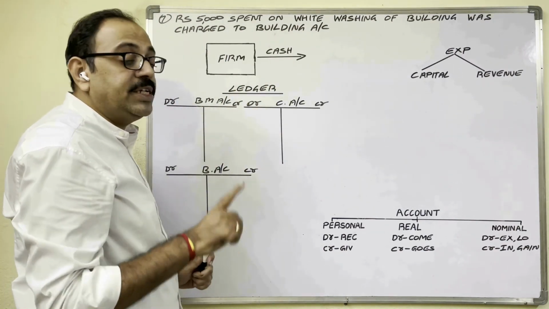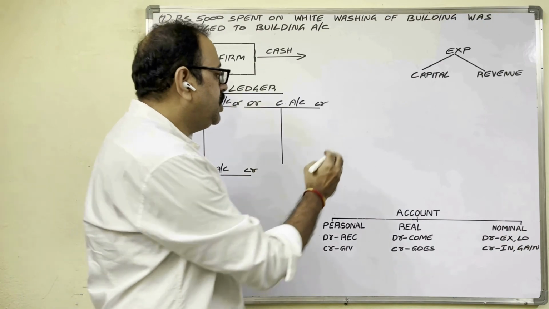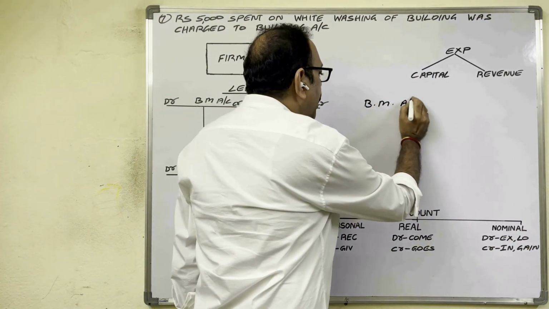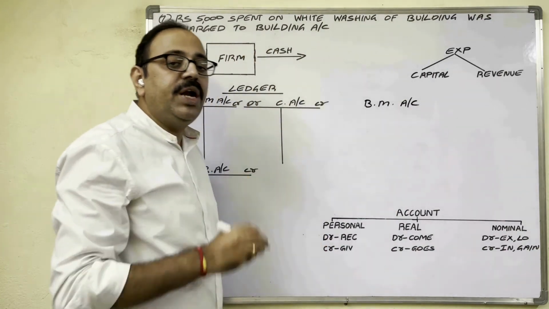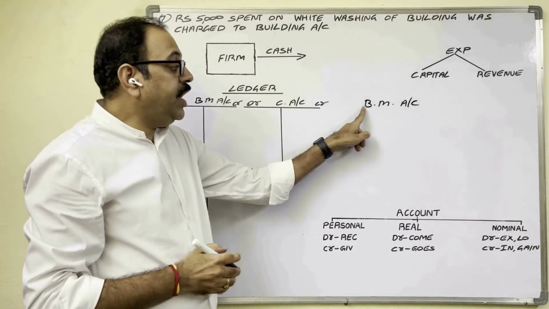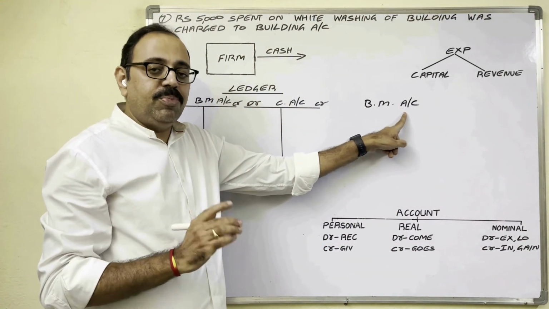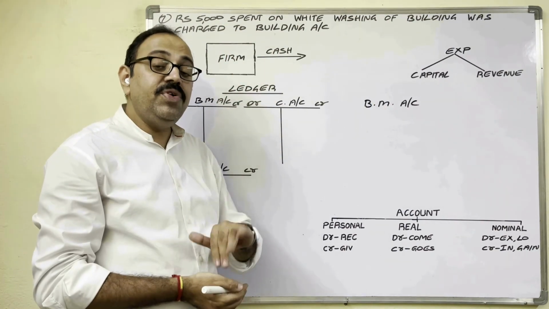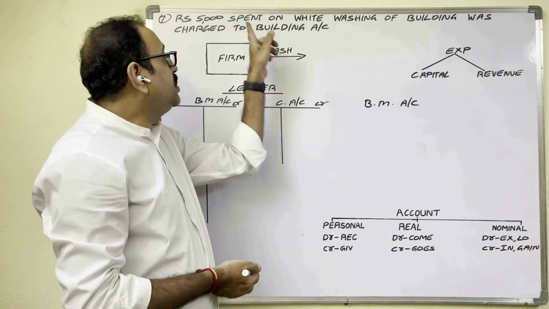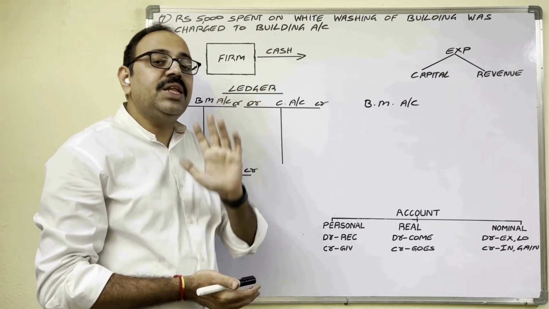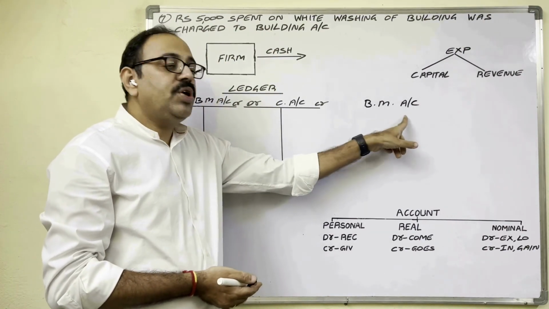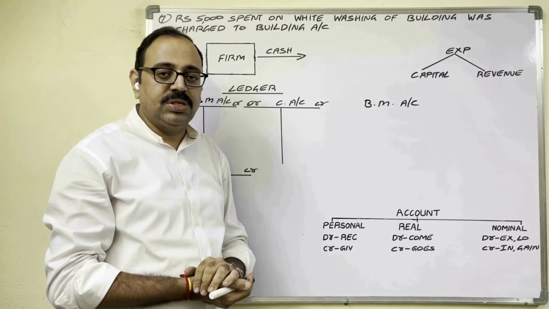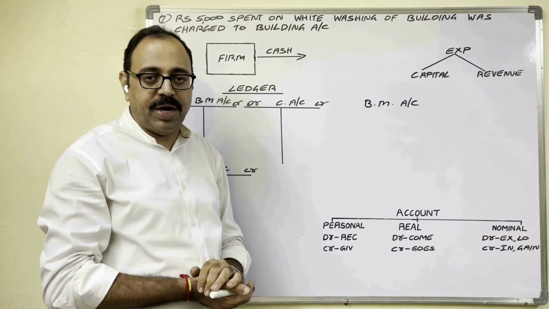First, the expenditure name: building maintenance account. Why not building account? If you write building account, it means you are adding 5,000 rupees to the building, which is done only if it is capital expenditure. But this is revenue expenditure, so don't write building account. Building maintenance account means an expenditure account is opened.